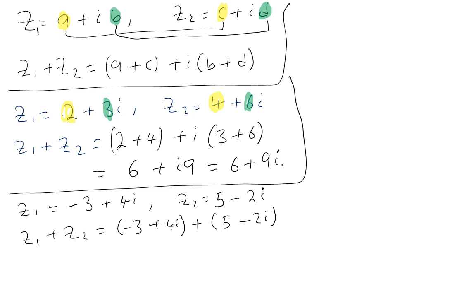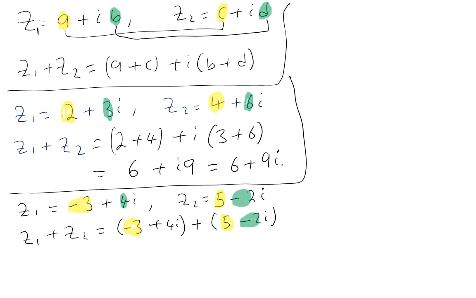Then we should remember our real parts are minus 3 and 5, for z1 here is minus 3, here is 5, and the imaginary parts are 4, here is minus 2.